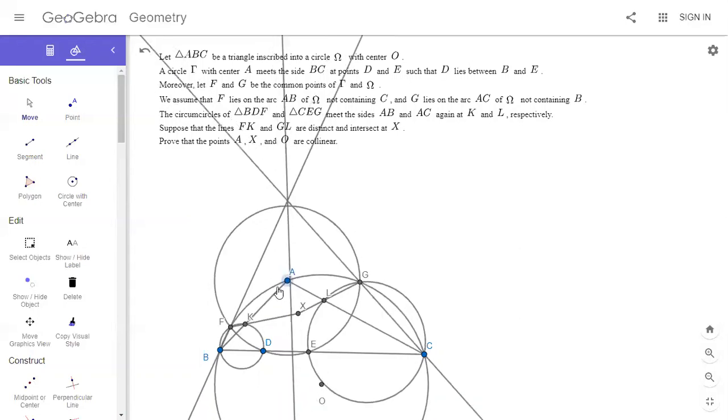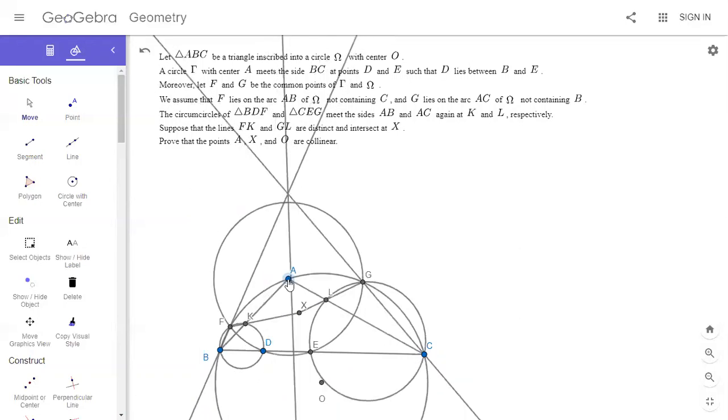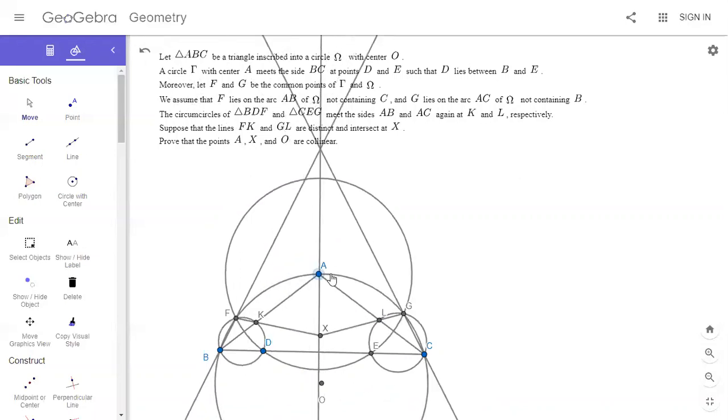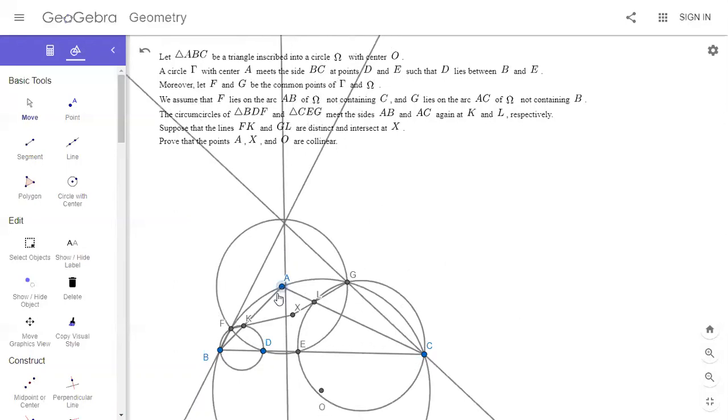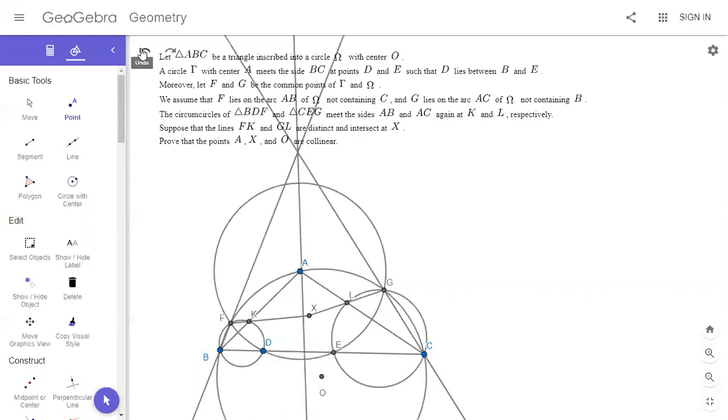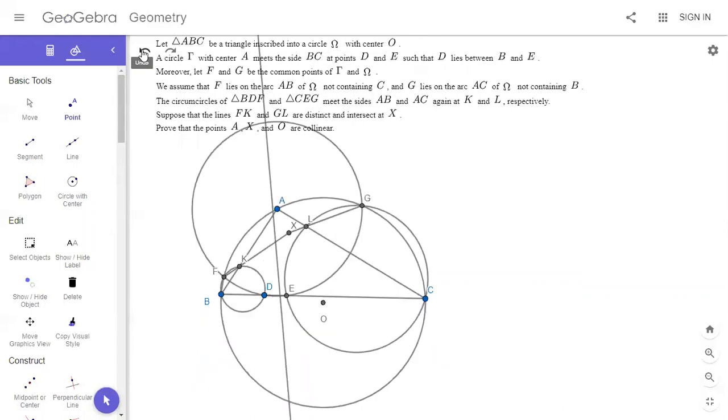I'm not sure how much that does, but yeah, it's there. I'm going to erase some stuff because I think it gets a little messy.